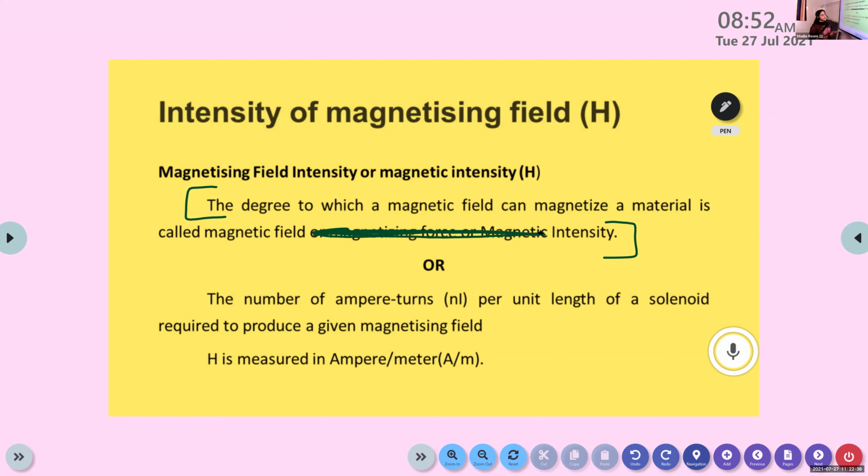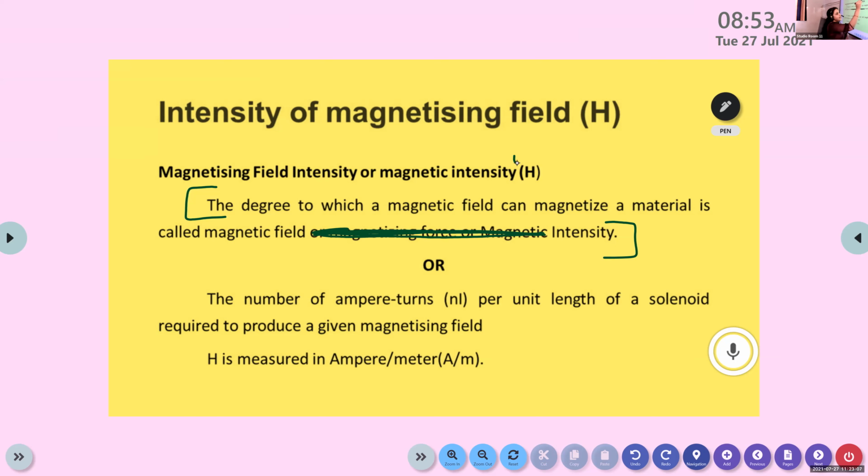The next one is the magnetic field intensity, the degree to which the magnetic field can magnetize a material. If you place an iron nail near the magnetic field of a bar magnet, it measures the degree to which the bar magnet can magnetize the iron. That is what is known as the intensity of the magnetic field.